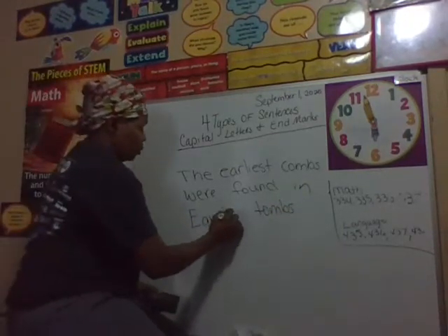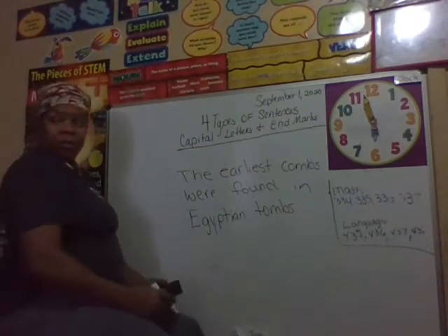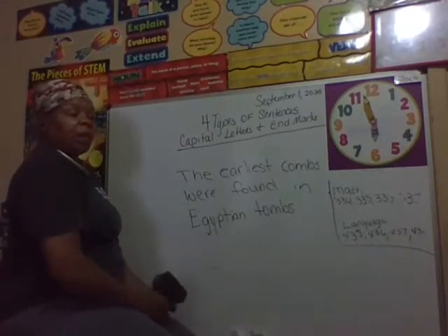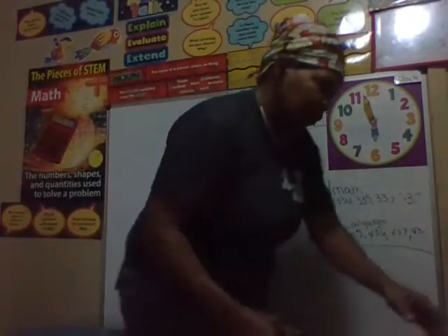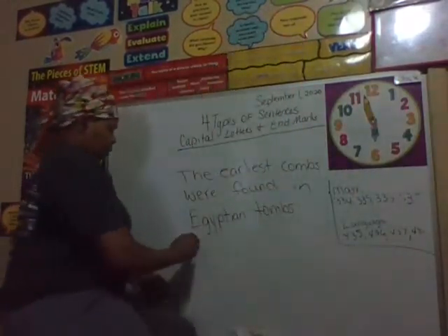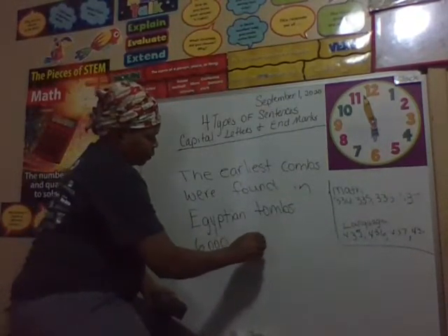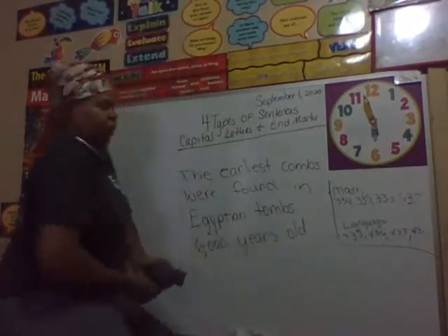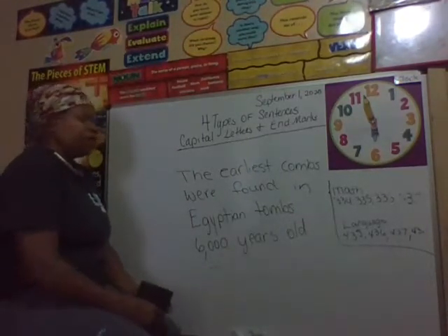Egyptian tombs? Is Egyptian capitalized there? 6,000 years old. All right. Let's read. The earliest combs were found in Egyptian tombs 6,000 years ago.